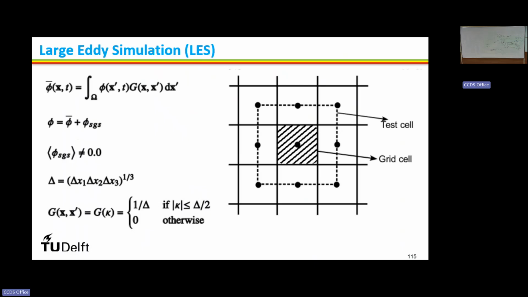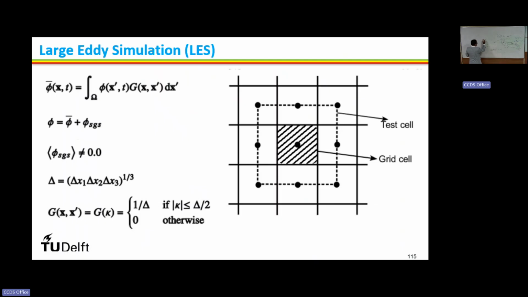Okay, in a three-dimensional xyz coordinate, suppose we have dimensions delta x1, delta x2, delta x3. Then the filter length is the cube root of the product of the three sides. Clear? This delta is called the grid filter, the average grid size, right? Not the geometric mean, delta is the cube root.